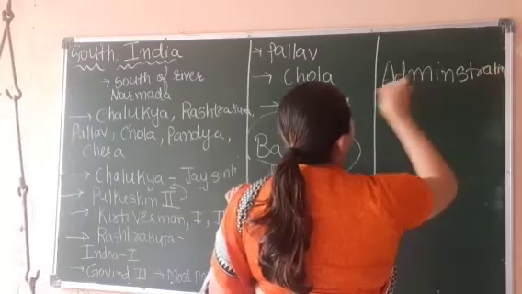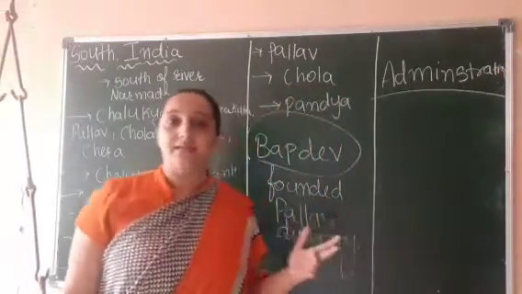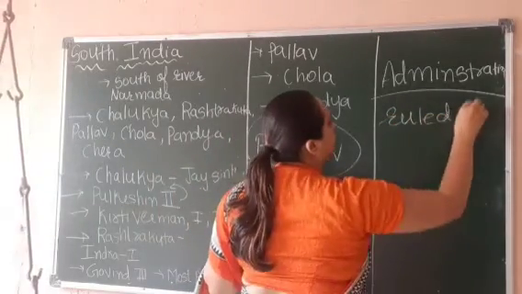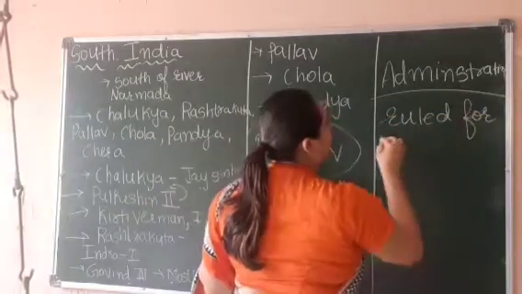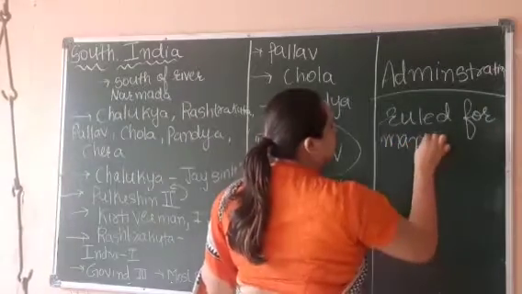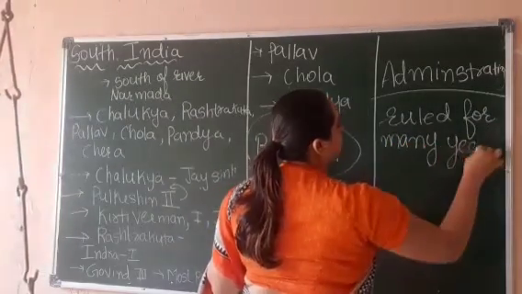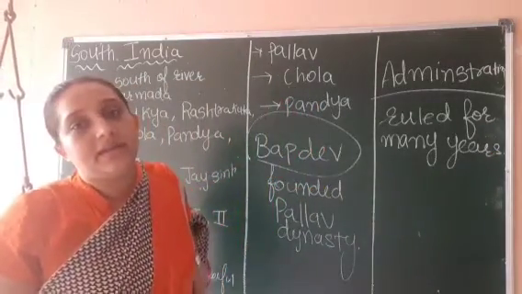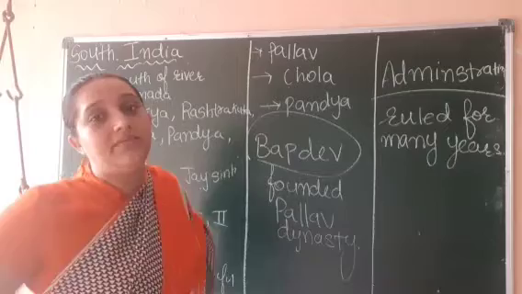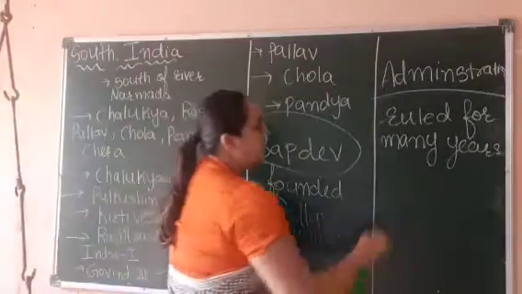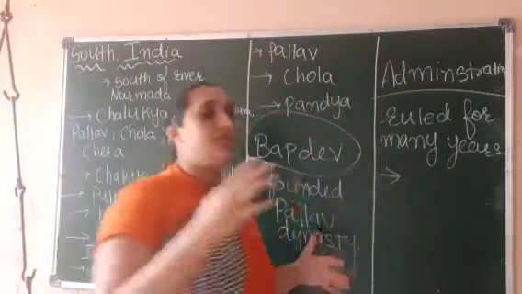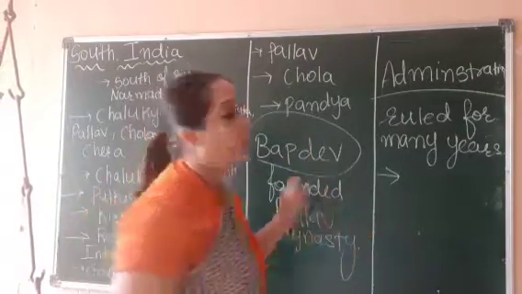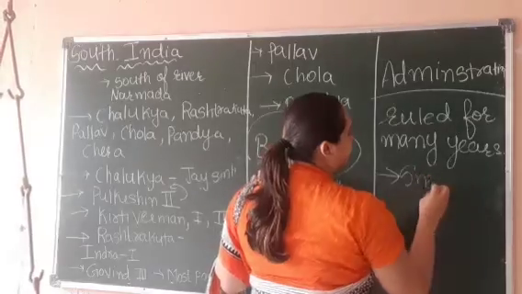As Rajputs ruled for many years in India, as I told you, they were very brave, right? So even the administration work of that particular dynasty of Rajputs was very smooth.